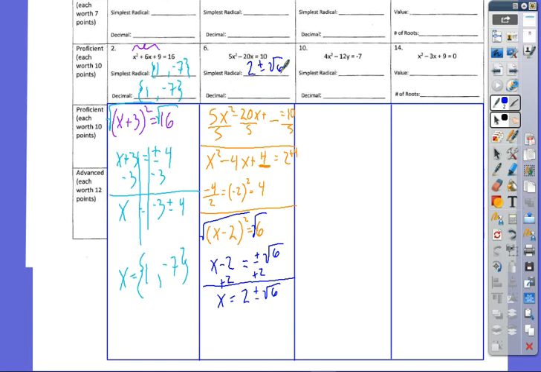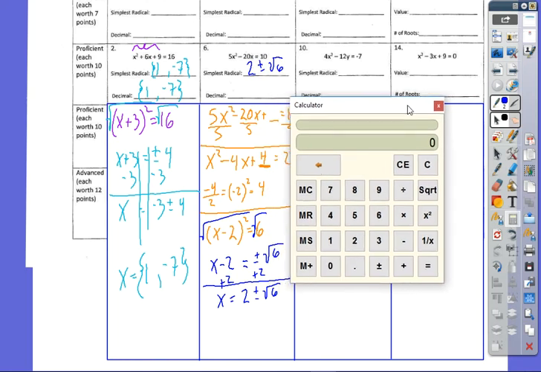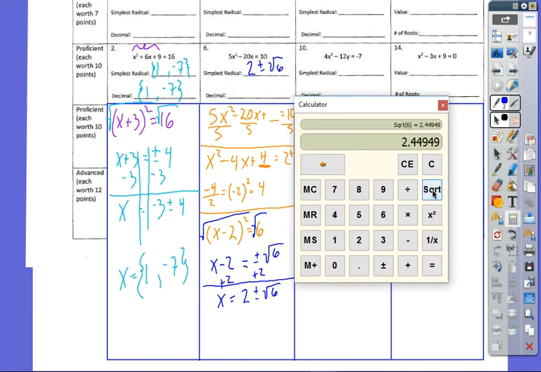But we also need the decimal equivalent. So I'm going to pull out my calculator. I'm going to find the square root of 6. And let's do 2 plus the square root of 6. So I'm going to add 2 to the square root of 6.